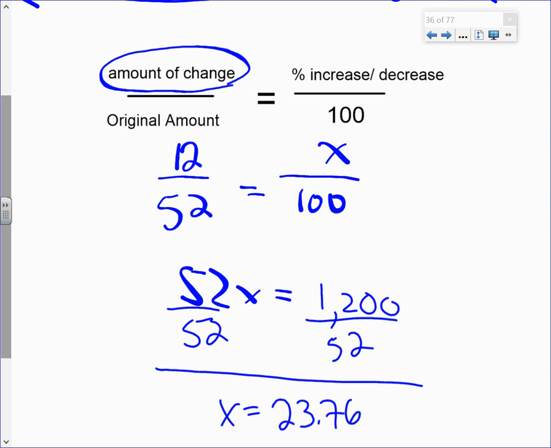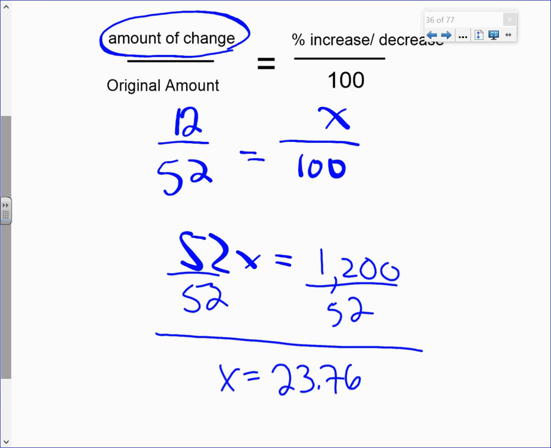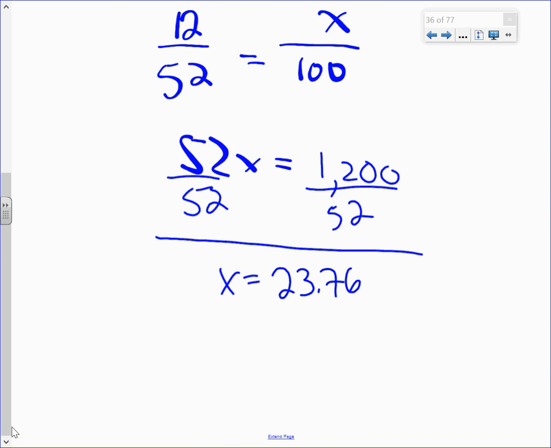Right now I'm rounding to the nearest tenth. That should be okay, but if I specify, you have to know how to do it. So let's answer the question. What was the percent increase? I'm going to round to the nearest whole number, so this would be a 24% increase.